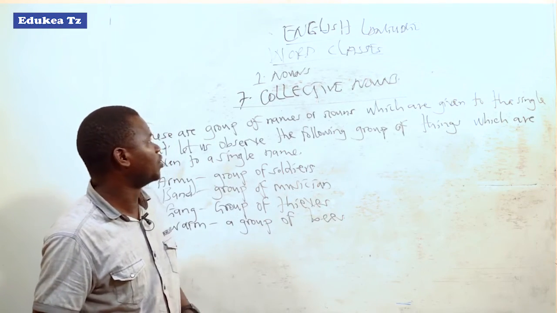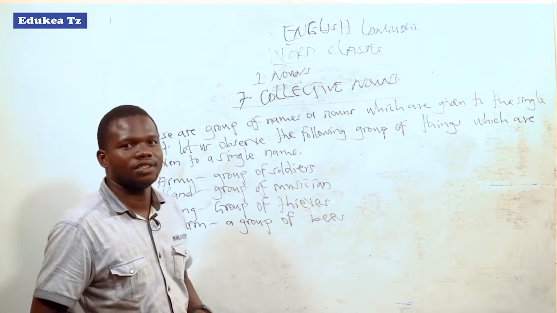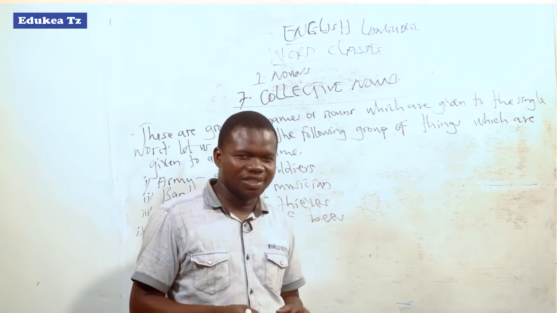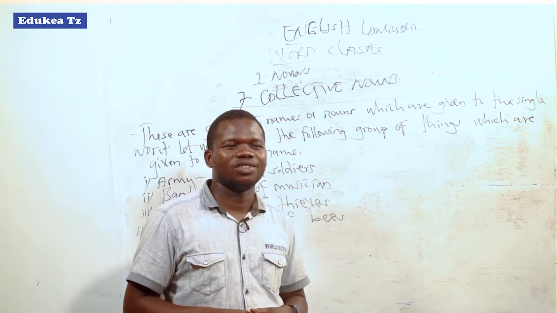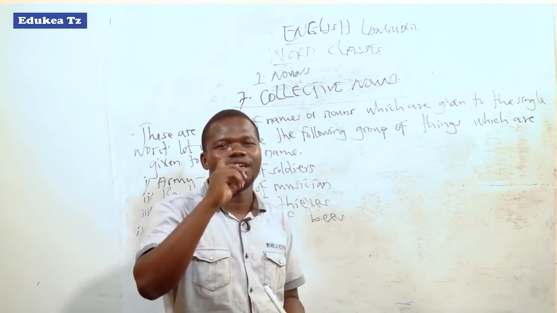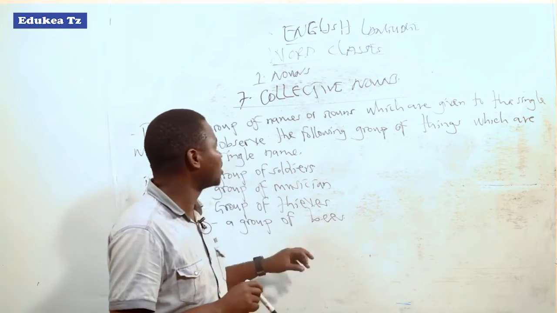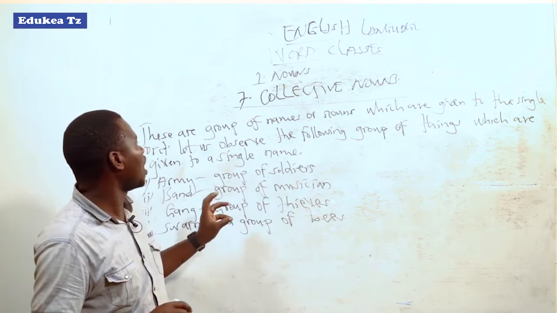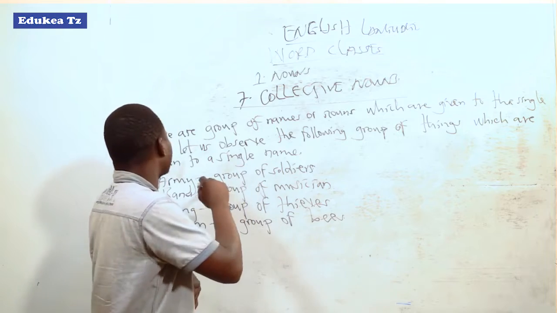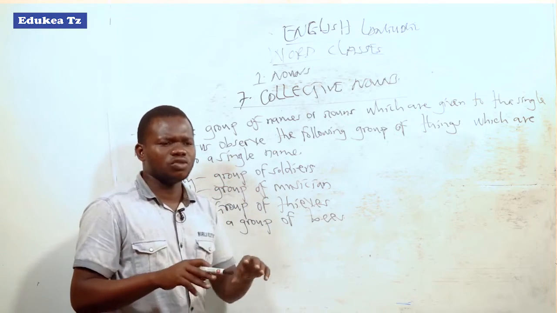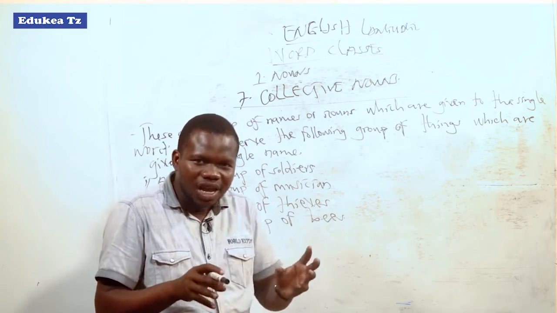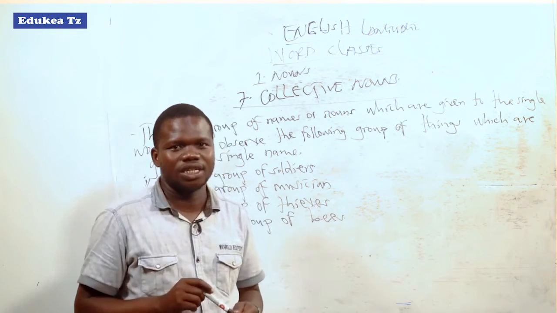Yes, the other type of noun is collective nouns. So collective. Please, students, collect your exercise books. That means you have to take those books and put them together to be one group. Now, these collective nouns are names or groups of names which are given a single word. We have those groups of things, groups of names of things, but now they are given a single word.